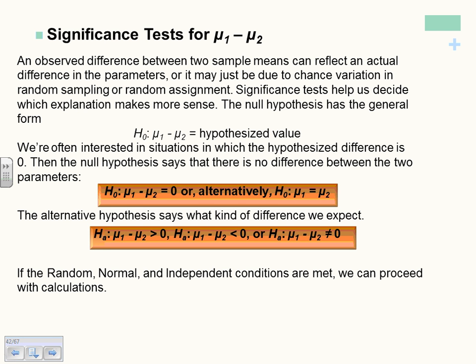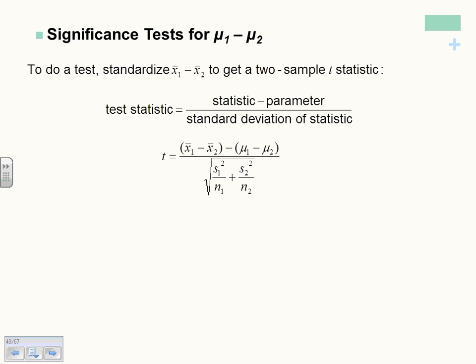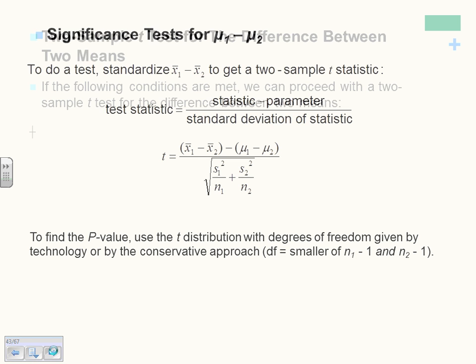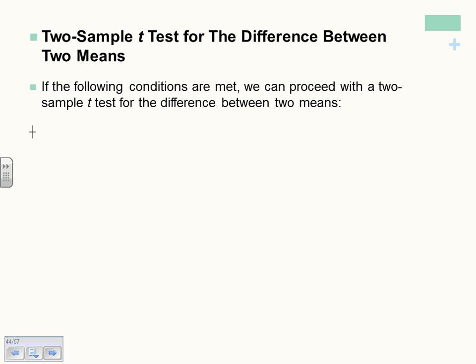When the null is no different, your alternative you can have greater than, less than, or not equal to. If you'd like to set up your t-score, and then you can find that p-value using your degrees of freedom in your chart, or you could use technology.